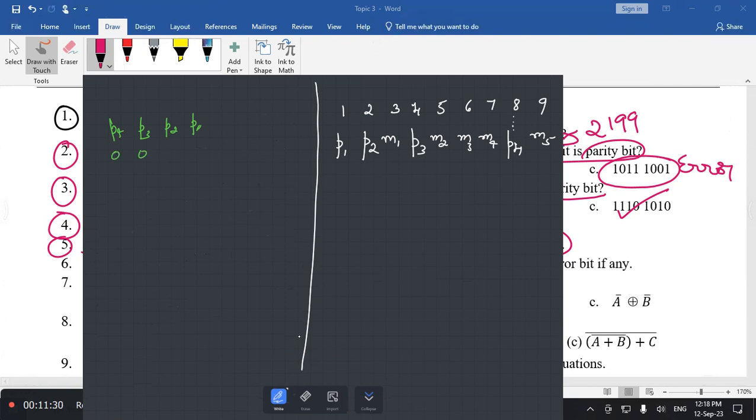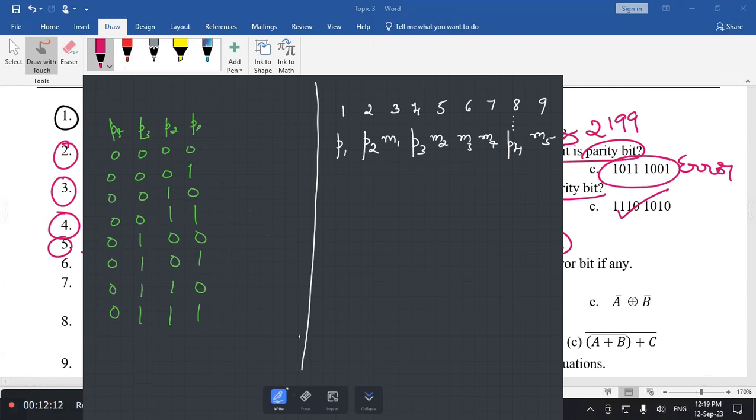So 0000, 0001, 0010, 0011, 0100, okay. Now next, 0101, now 0110, now you have 0111, right? Now see how many positions you have here, only 9, right?